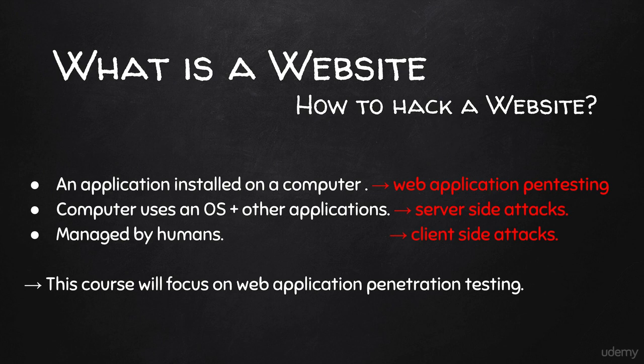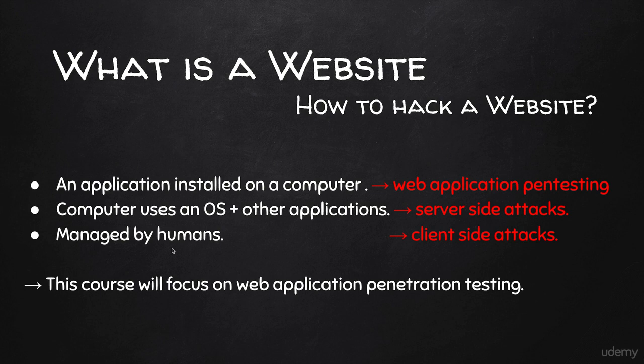Now, this course will be concerned with web application penetration testing. So it's concerned with the first approach. We're going to learn how to discover and exploit a large number of vulnerabilities that can be found in the web application itself. We're not going to be talking about server-side attacks, the attacks that exploit the operating system and the applications installed on the operating system of the web server.